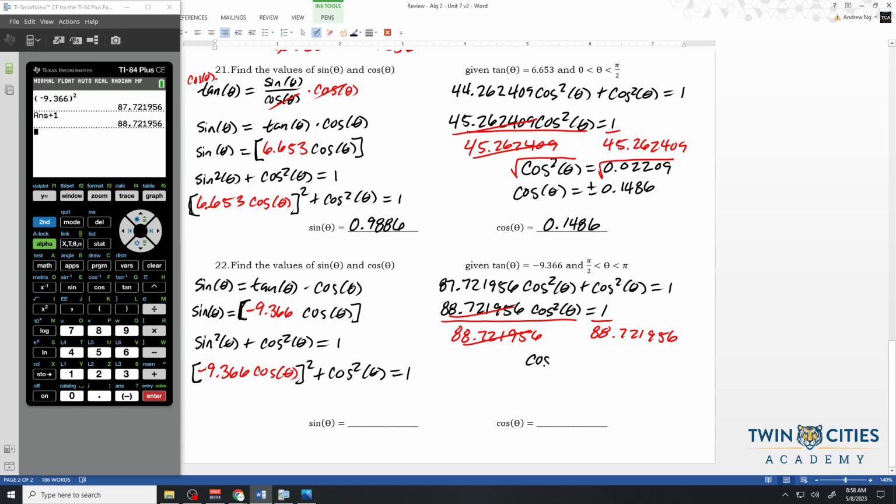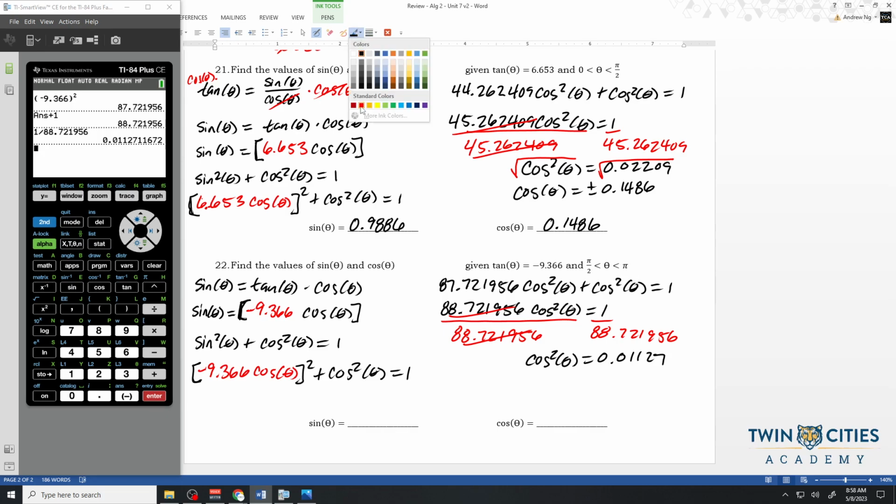We've got cosine squared of theta is equal to 1 divided by 88.721956. This will be 0.01127.